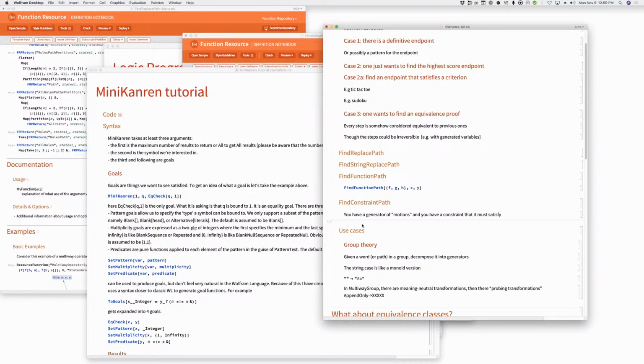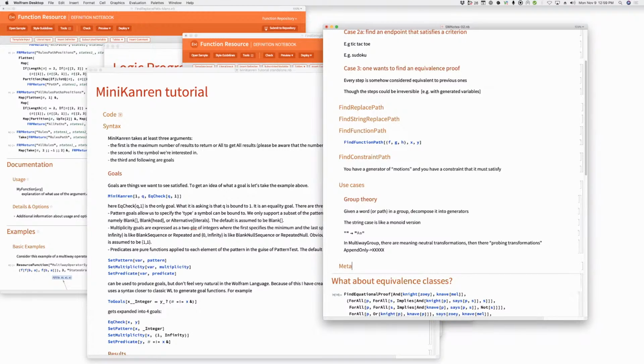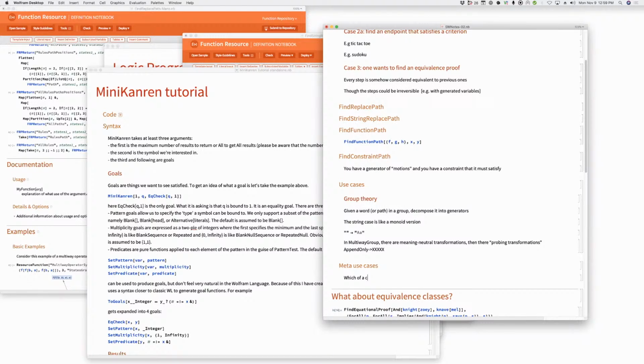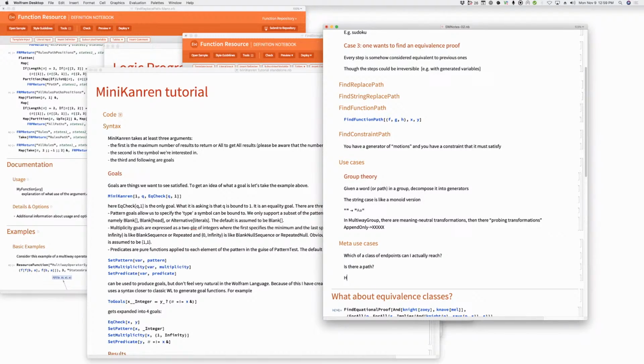In these use cases, the meta use cases, which of a class of endpoints can I actually reach? Is there a path? Maybe how long is the path? Maybe that's less important.